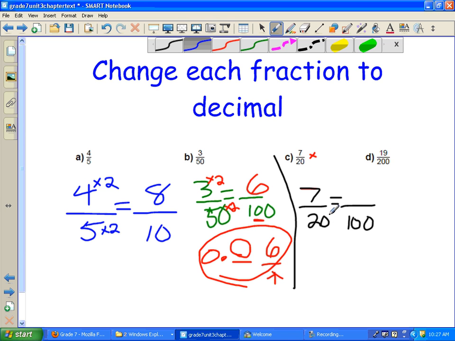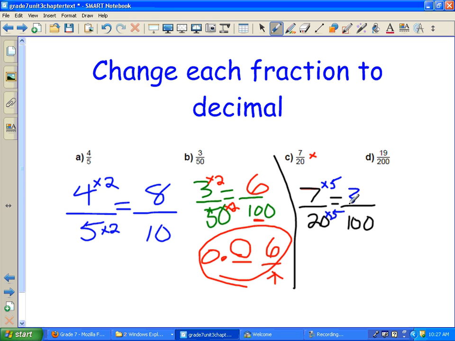We'll count by 20s. 20, 40, 60, 80, 100. So that's 5 times. And we must do the same to the top. 7 times 5 is 35 out of 100. So there's 0 whole, and remember we need 2 spots for hundredths, and we need to put 35 into it.